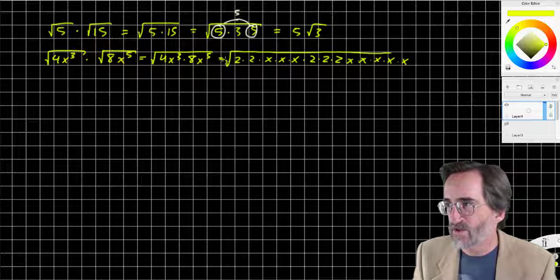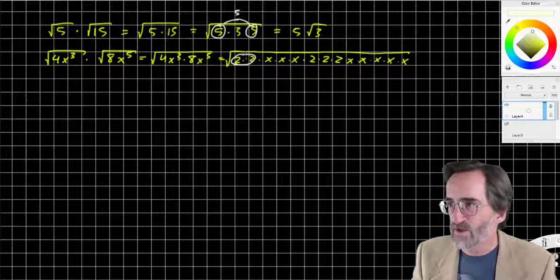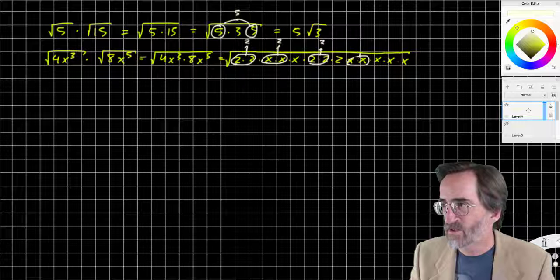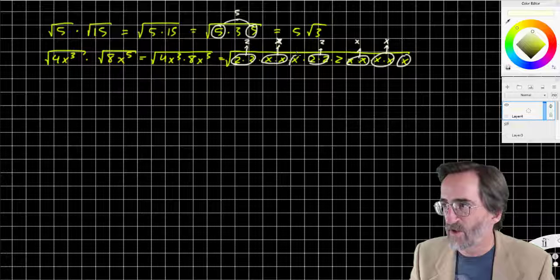And look for pairs. Okay? So I have a pair of 2's that come out, a pair of x's that come out, a pair of 2's that come out, a pair of x's, and another pair of x's, and here there's another pair of x's.